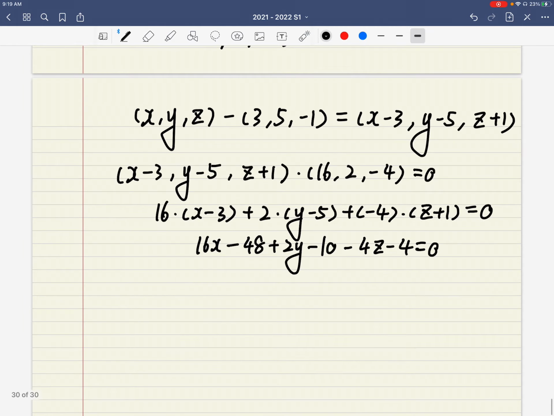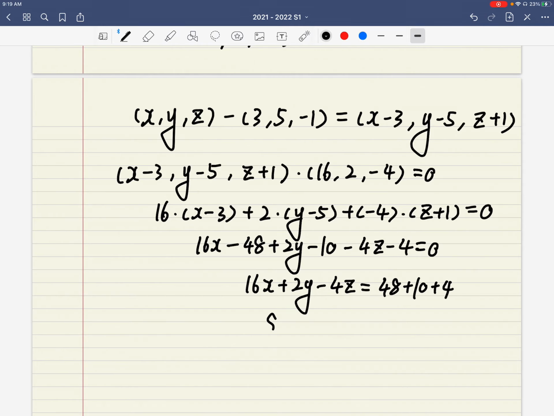Let's summarize it and do the simplification. It's 8x plus y minus 2z is equal to 31.